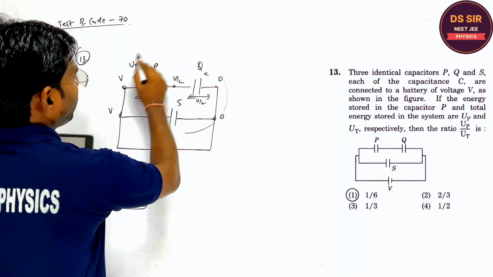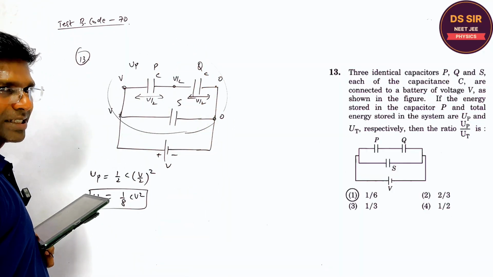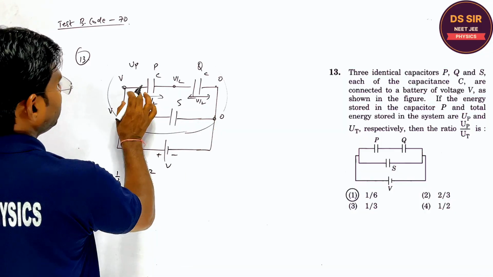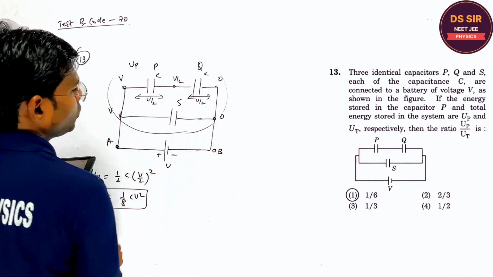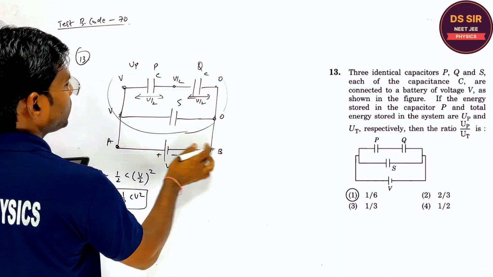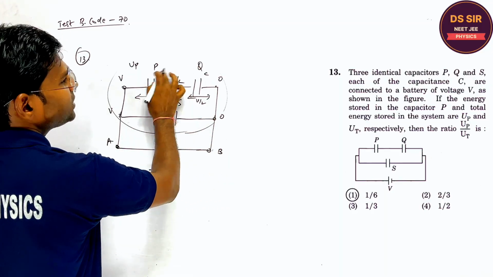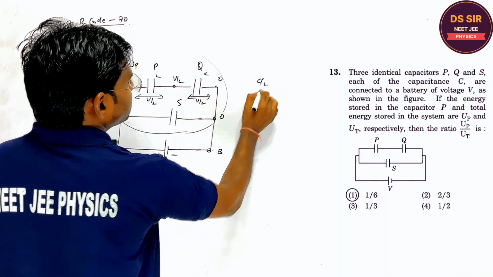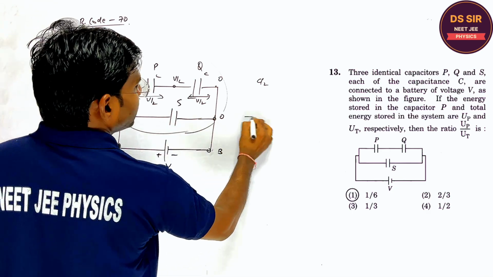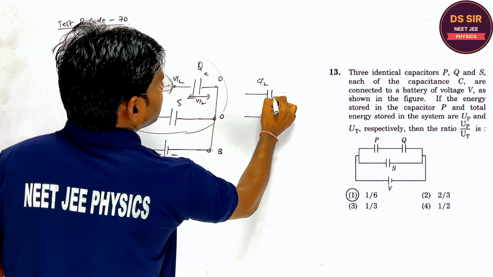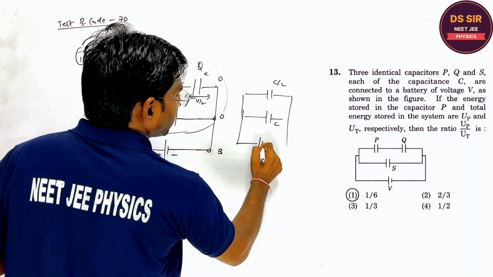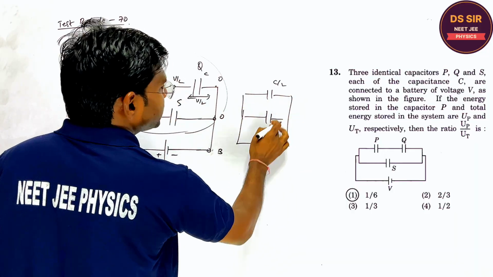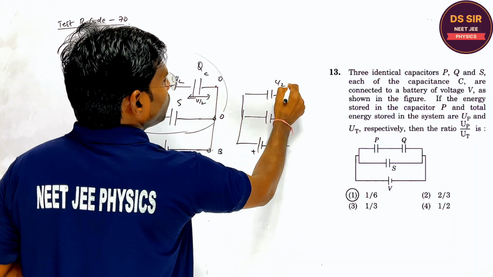And to find the energy of the total system, you have to find the equivalent capacitance between A and B, across the battery. C and C are in series, so this is C by 2, and this is C. The upper two capacitors are equal to C by 2, connected to the battery of voltage V. C and C by 2 are in parallel.